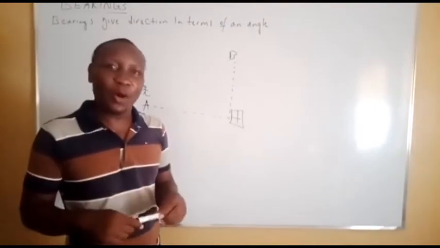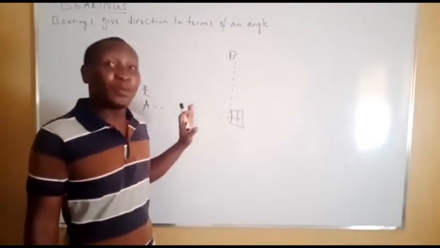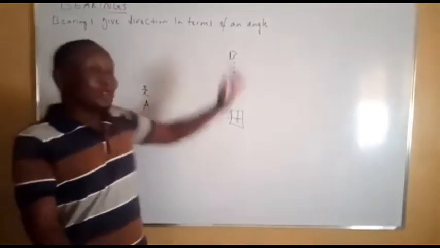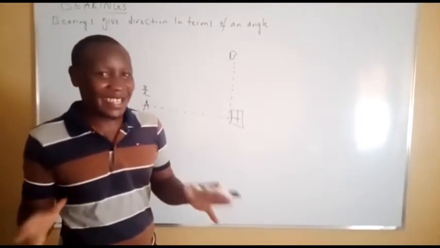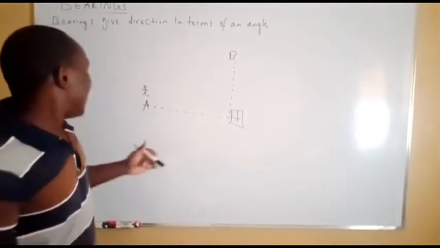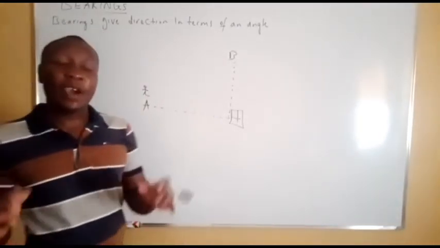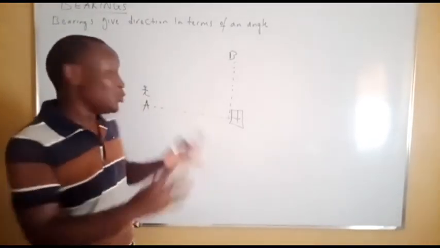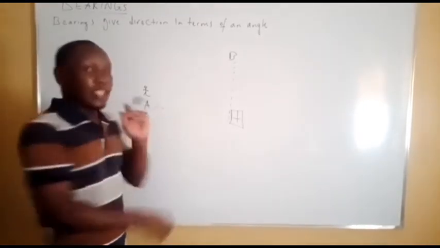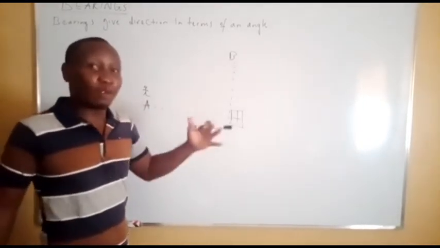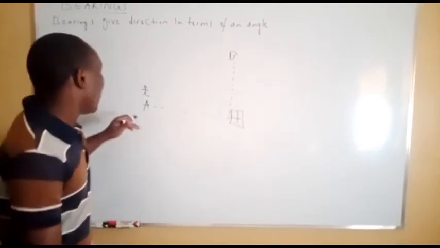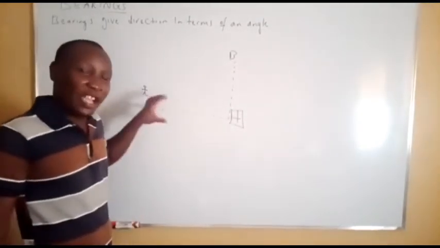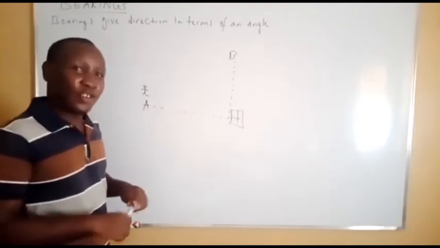So, how do we give John the direction to move from town A to town B using an angle, or using bearings? The first thing we have to know is John is at A. He wants to go to town B. So we go to point A, where John is, and we draw the compass.